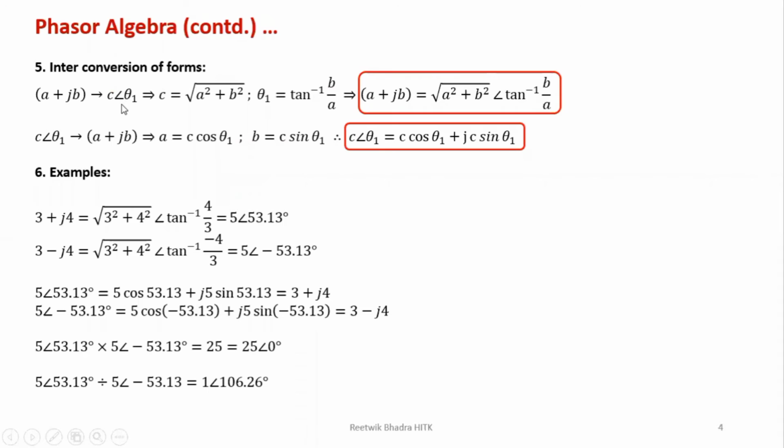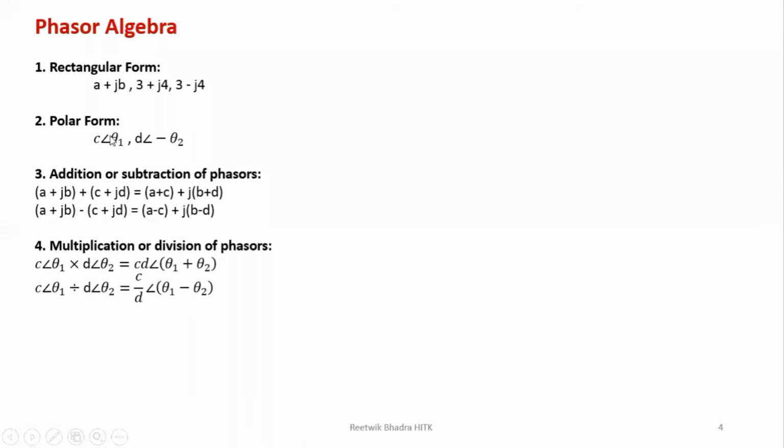Now interconversion of forms is required, because you will see over here why interconversion is required. If it is in the J form you can do only addition and subtraction. If it is in angle form you can do multiplication and division. If I have suppose 3 plus J4 and you have 3 at an angle minus 30, and I tell you to do multiplication, you can't perform multiplication because multiplication can only be performed in angle form.